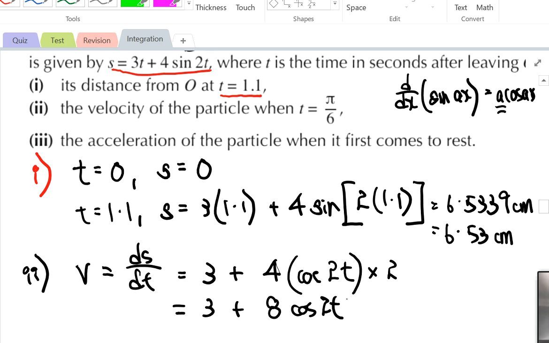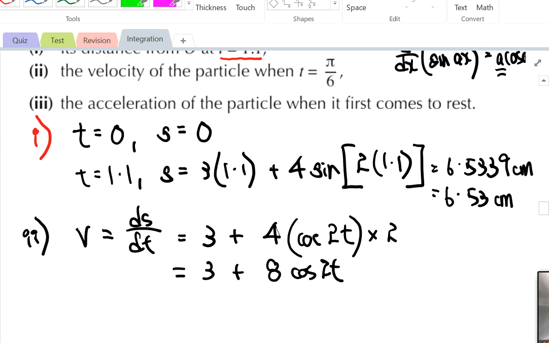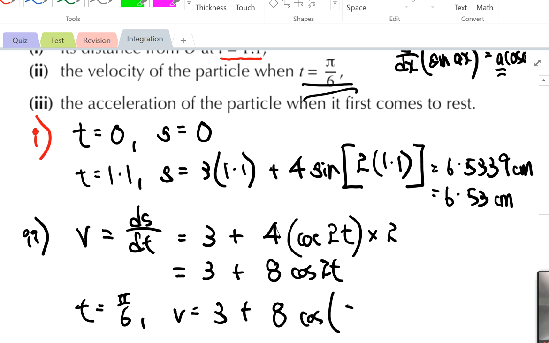Once you get the correct differentiated term, the next thing is to press the calculator again. Find the velocity when t is equal to pi over 6. Now press the calculator. Please press carefully. I put a 2 times pi over 6.